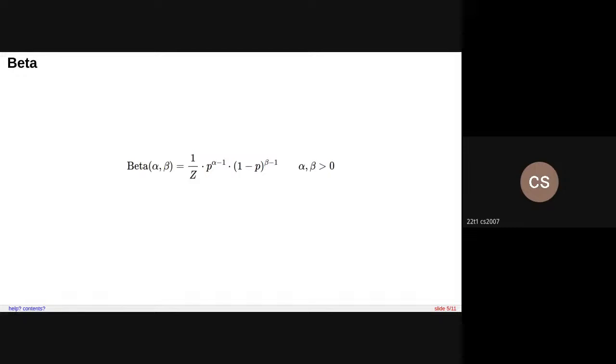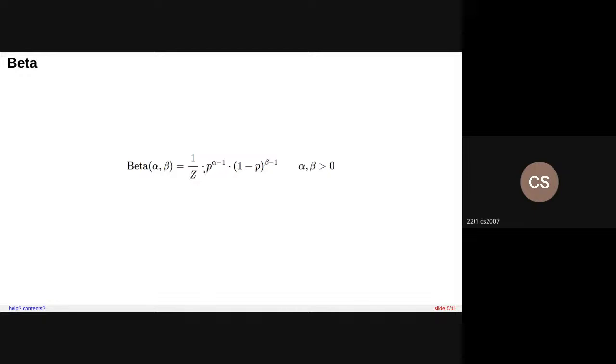Of course, this is not something from the exam point of view, but we use this 1 by Z. Have you wondered what this Z actually is?